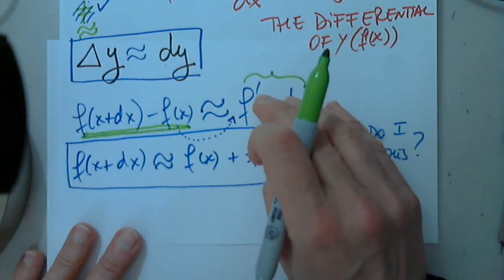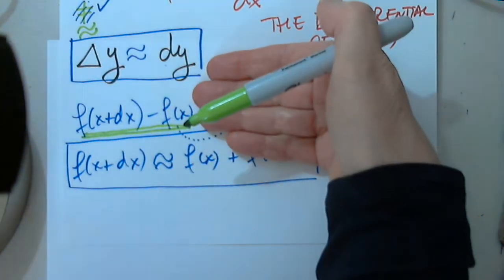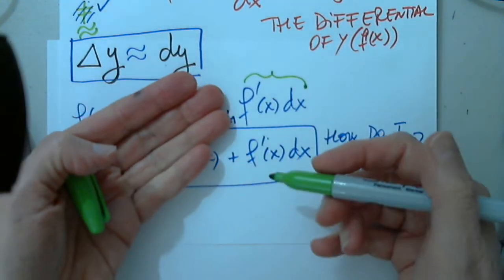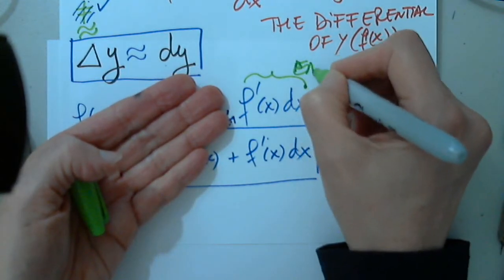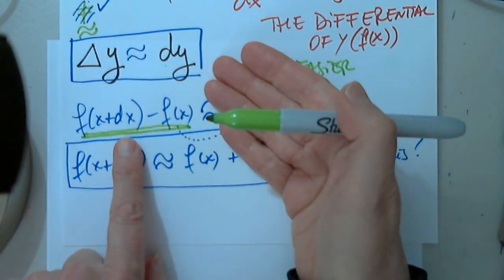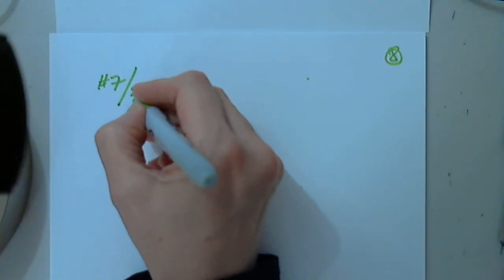If I'm happy with an approximation, I will not do this. If I want the exact, I have no choice. I have to do this. But if I'm happy with an approximation, this will always be easier, not better, easier to calculate than this one. Okay. So let's start simple with an example like, let's say, problem 7 on page 341.